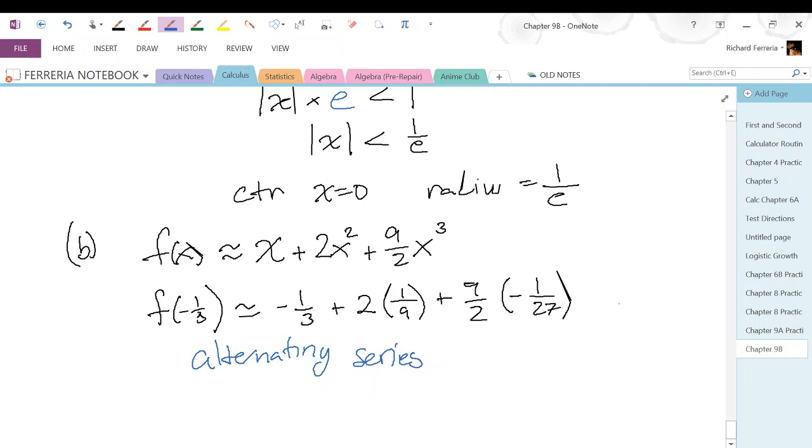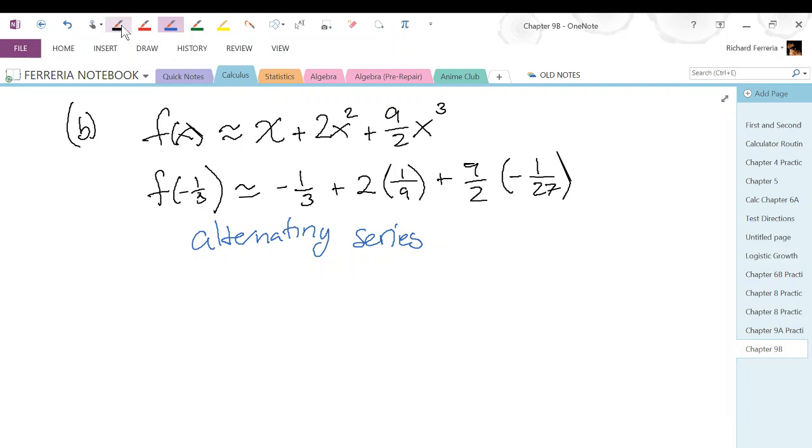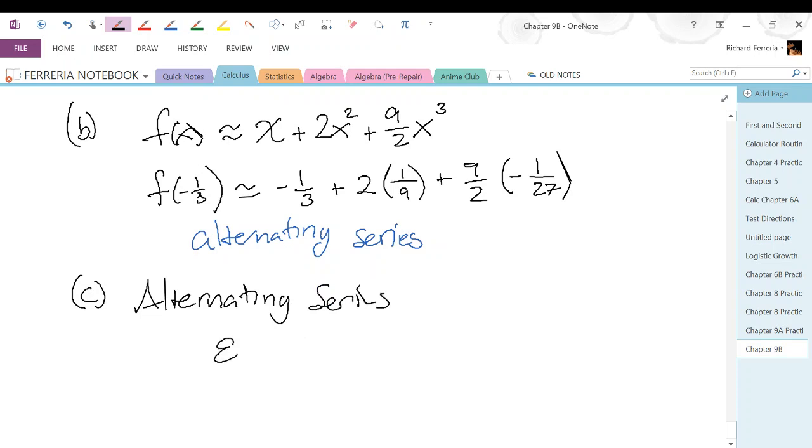Okay. All right, so this is an alternating series. Let's do part C. So that means the error is going to be less than the absolute value of the very next term.